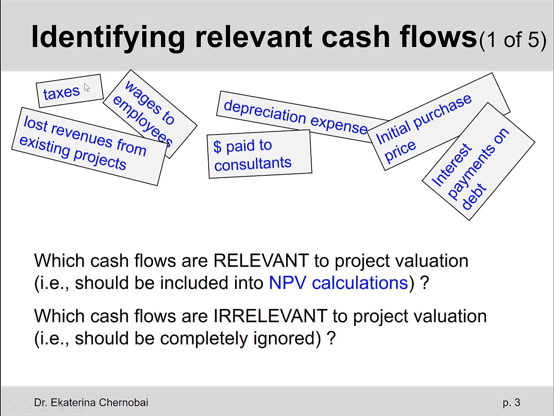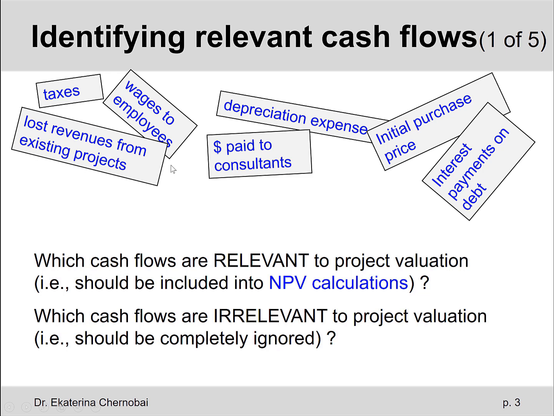Taxes, they are very important. We must pay taxes on our corporate income. Wages to employees, without employing people, we will not be able to produce the product that we are planning to sell in this project.